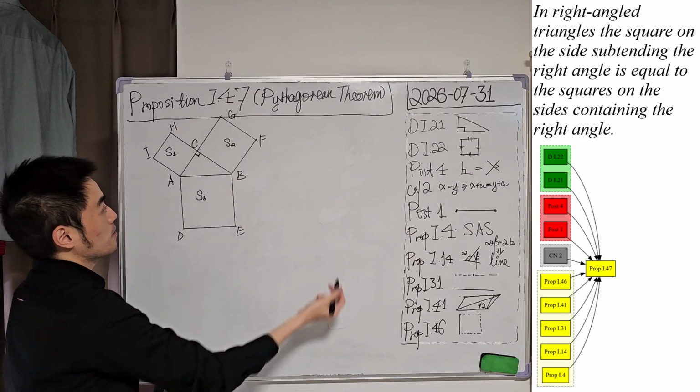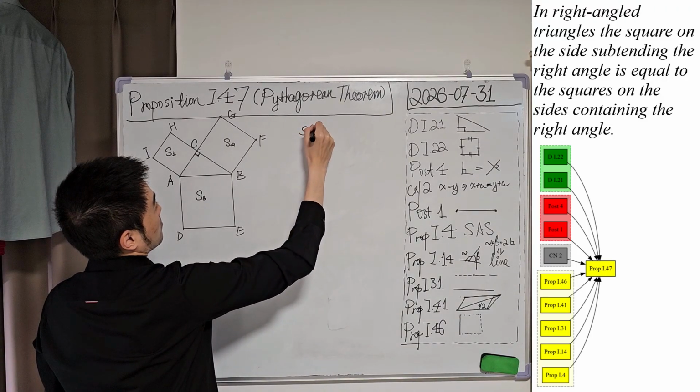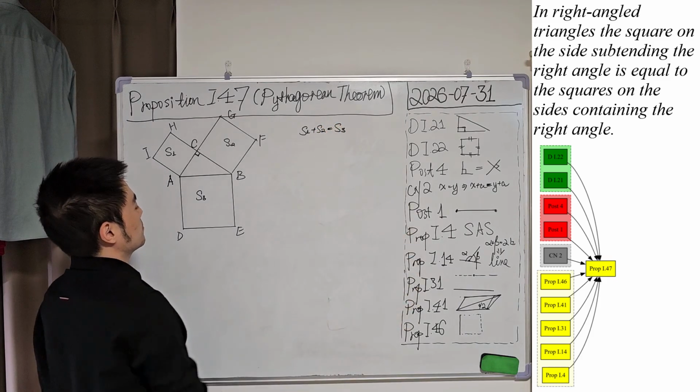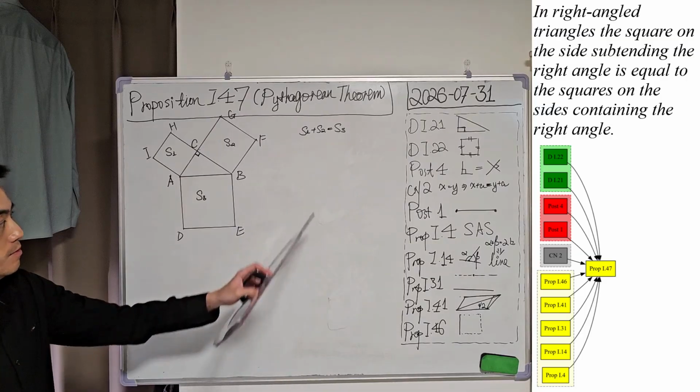So the proposition declares that square 1 plus square 2 will be equal to square 3. Let's give it a proof.